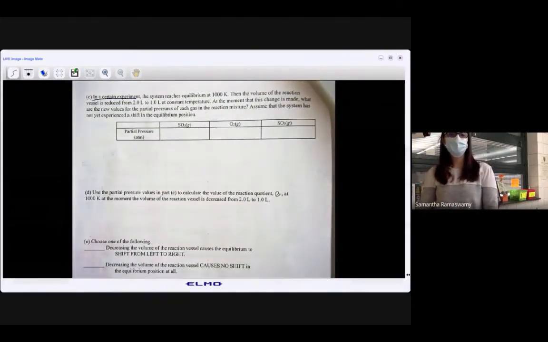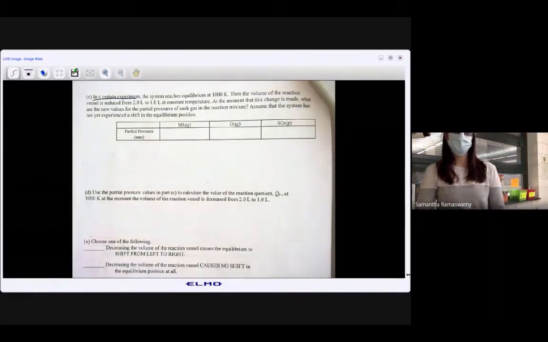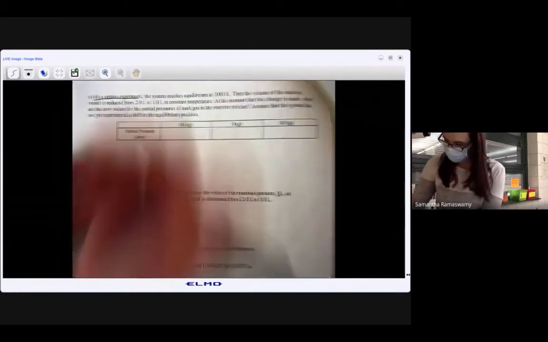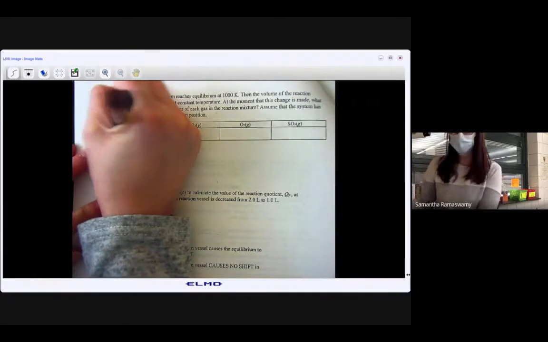Then the volume of the reaction vessel is reduced from 2 liters to 1 liter at constant temperature. At the moment that this change is made, what are the new values for the partial pressures of each gas in the reaction mixture? Assume that the system has not yet experienced a shift. So nothing has shifted yet. All we have done is gone from 2 liters down to 1 liter.